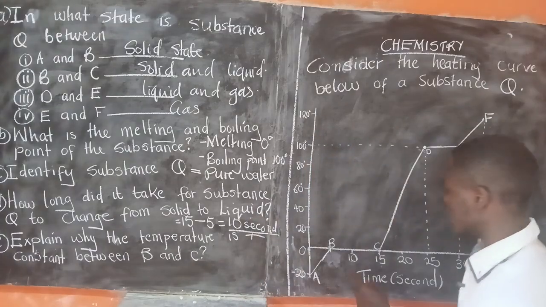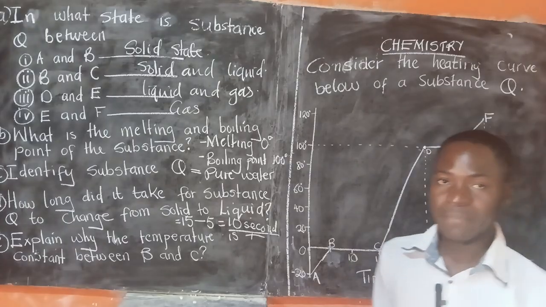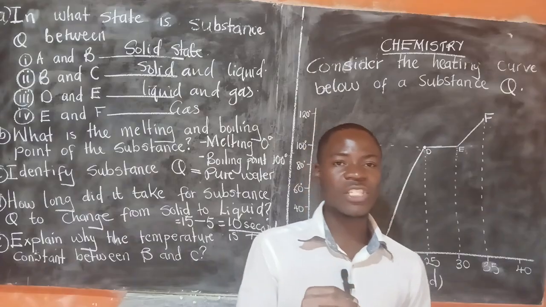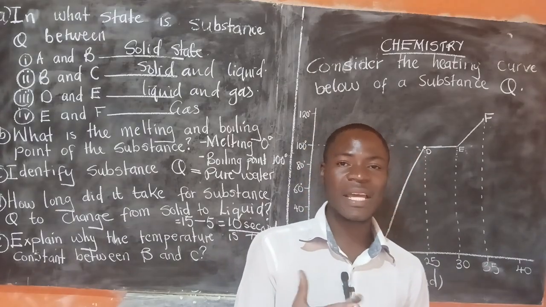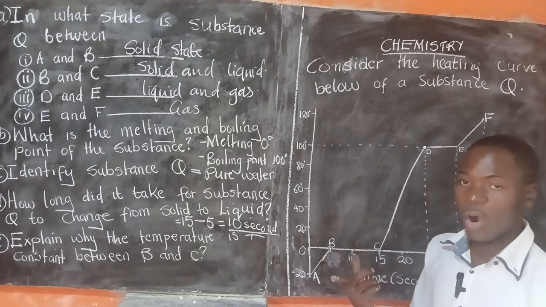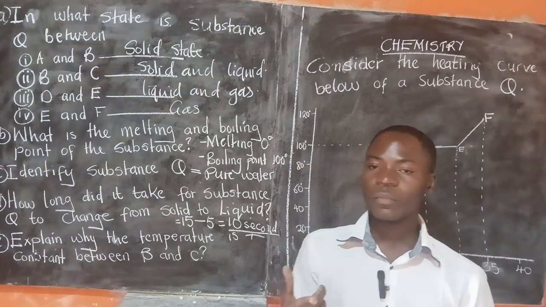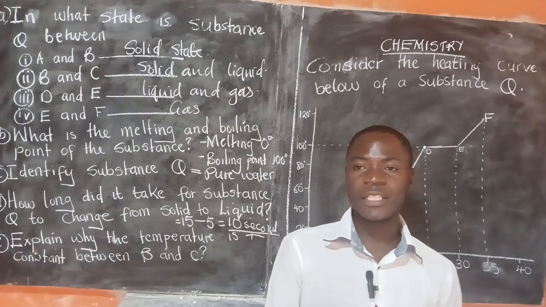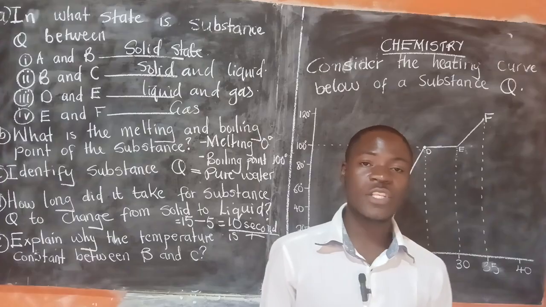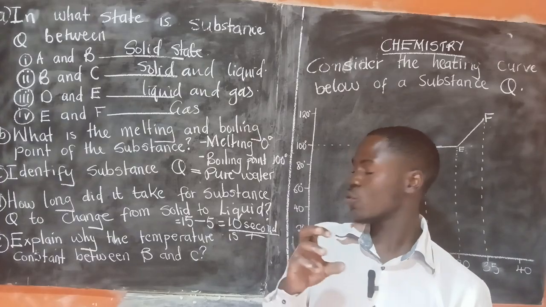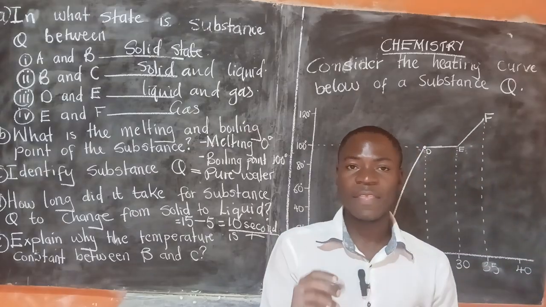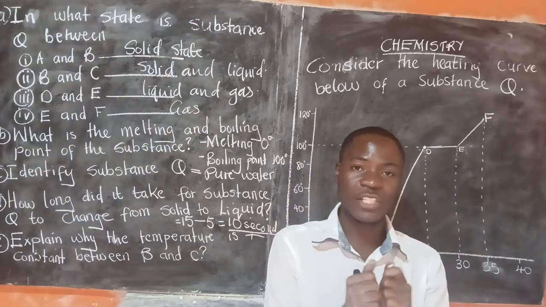So between B and C, it is melting. Now, it does not mean that the heat energy is the one being applied here. No, it is not the heat energy, it is the heat of fusion, which breaks the bond between the solid particles which are bonded together.